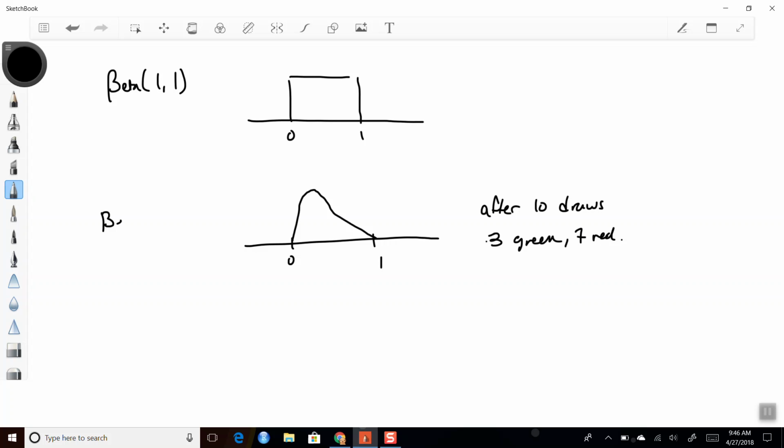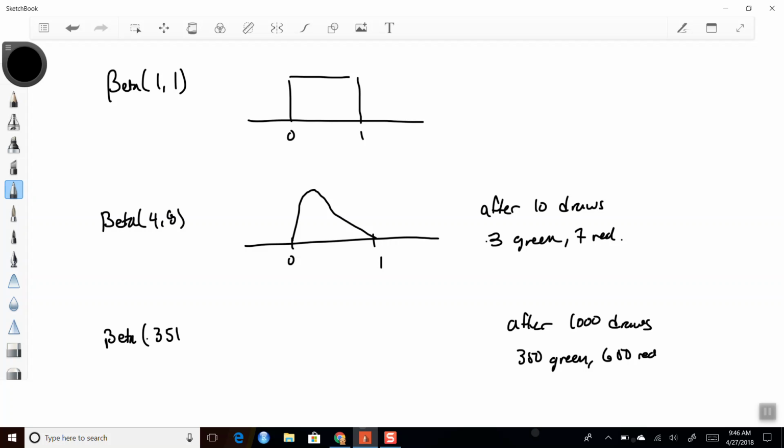And this would technically be a Beta(4,8). And then after 1,000 draws with 350 green and 650 red, we would have a Beta(351,651) distribution, which would look like this.